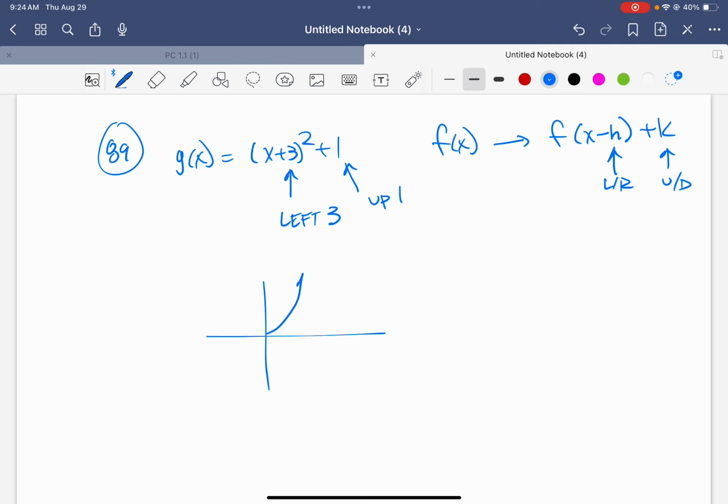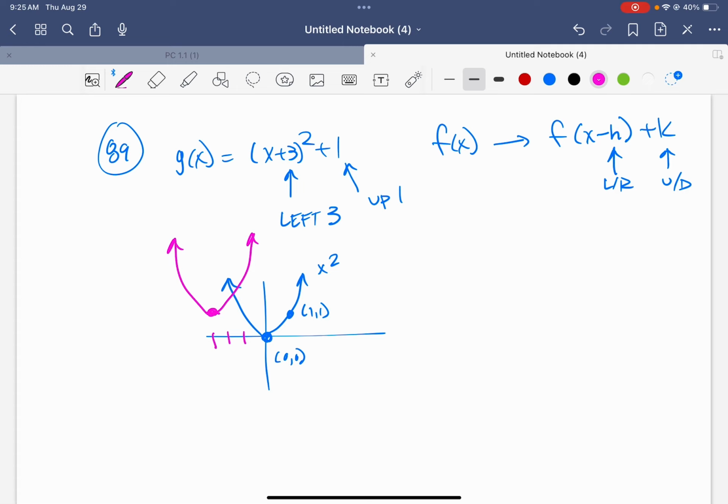So our original parent function, x squared, with its 0 at 0, 0, and a point at 1, 1, has now moved to the left 3, 1, 2, 3, and up 1. So that means it will now open up like this.